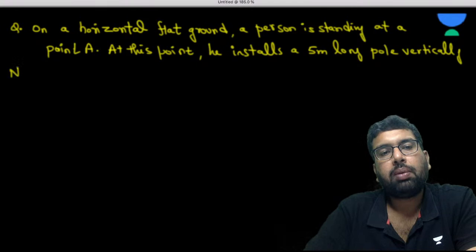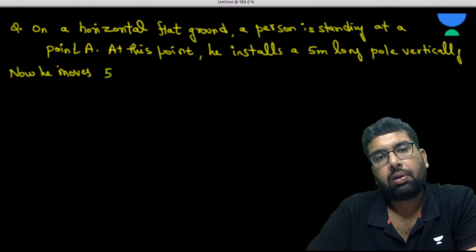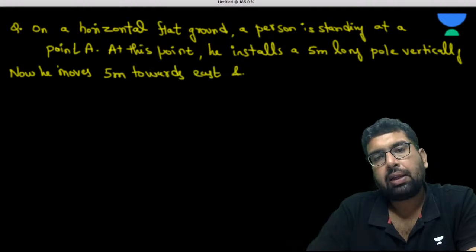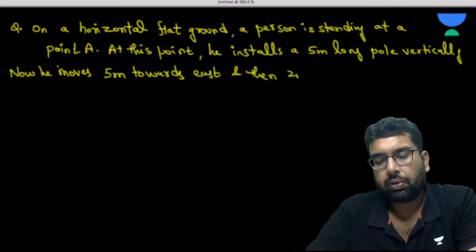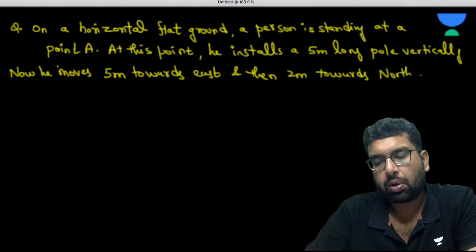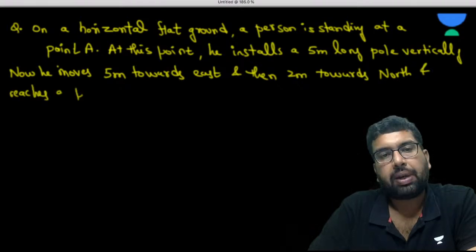Now he moves 5 meter towards east and then 2 meter towards north and reaches a point B.